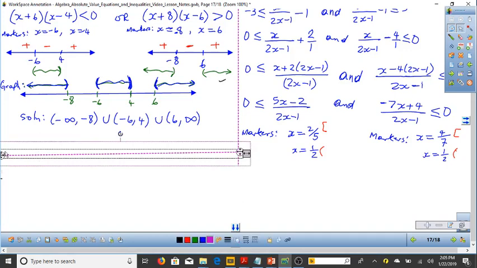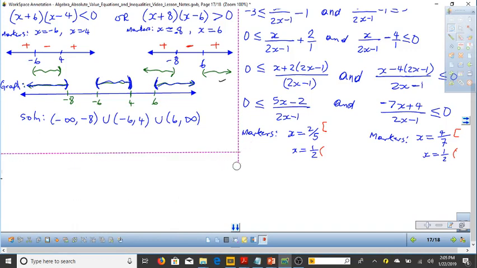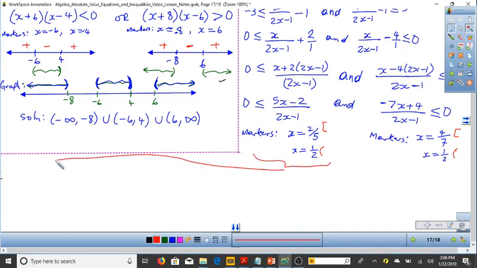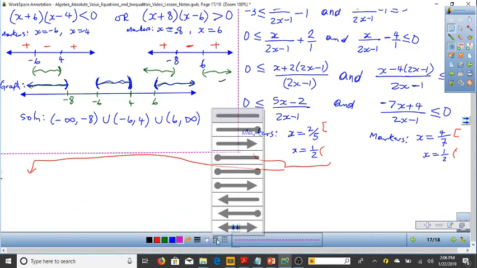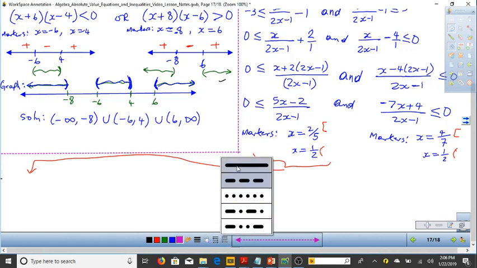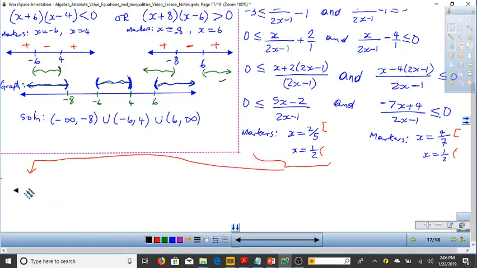Let's move on to the next part, which is finding the solutions for each of these. I'm going to draw a little arrow here, and I'm going to draw my number line. I'm going to put my markers, which are 2/5 and half, which is to the right of 2/5.